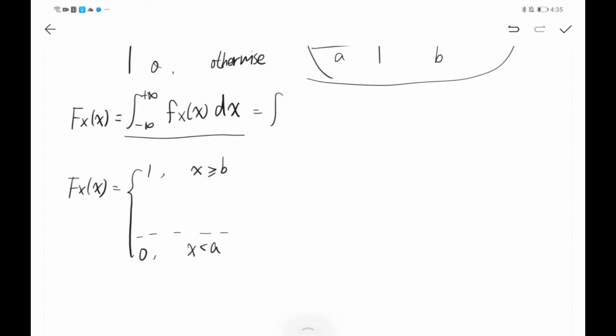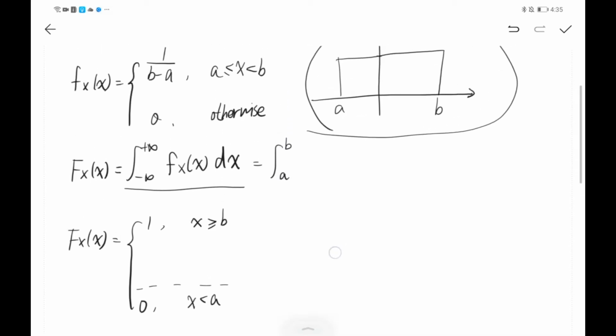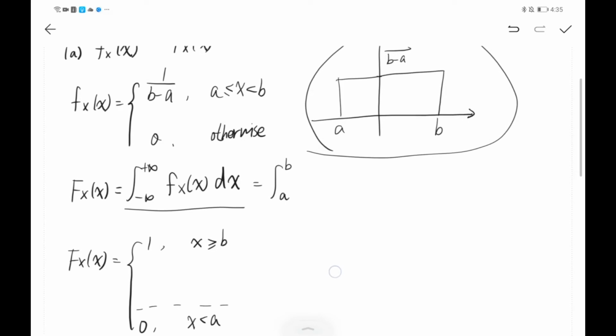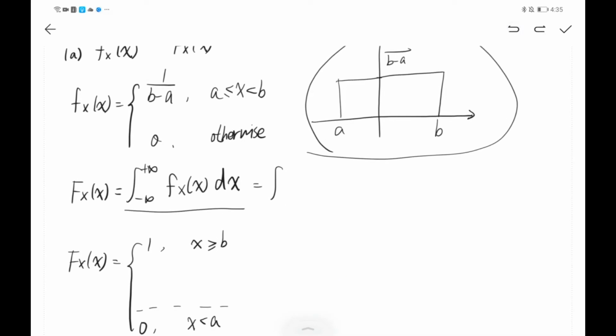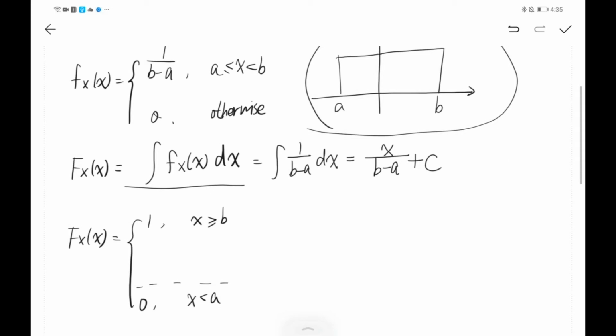So for this part, we can use this form: it equals x over b minus a plus c. So we should compute this c.